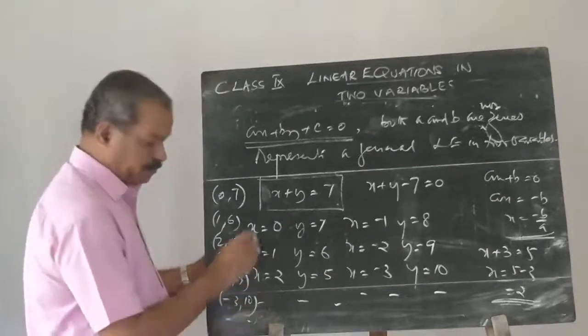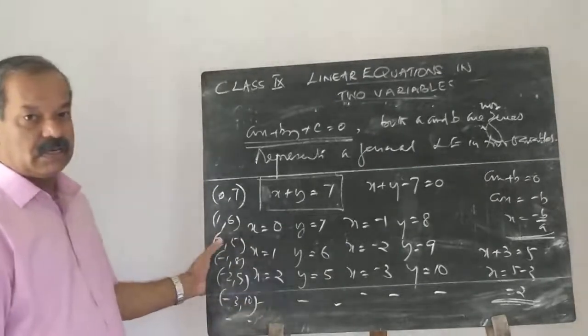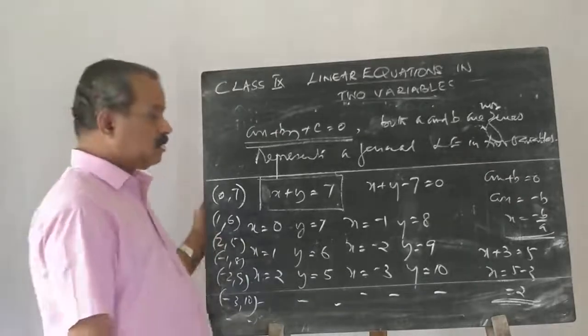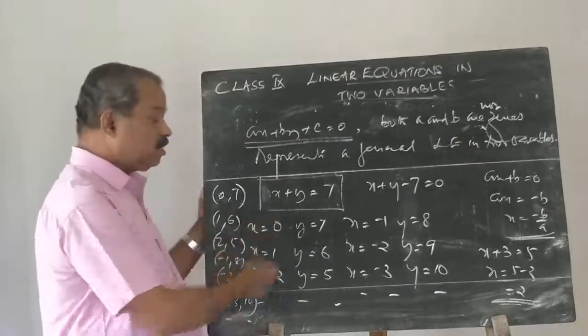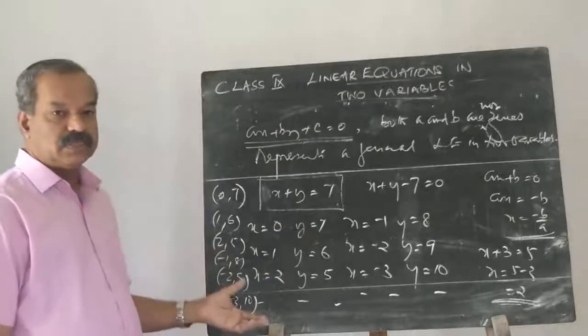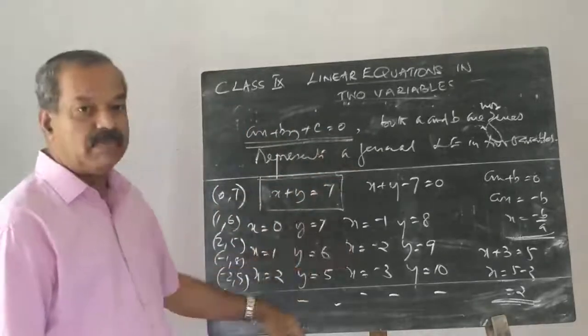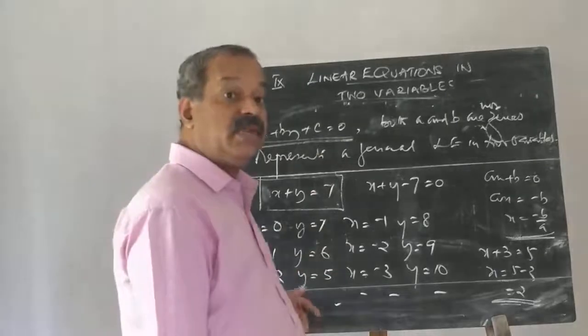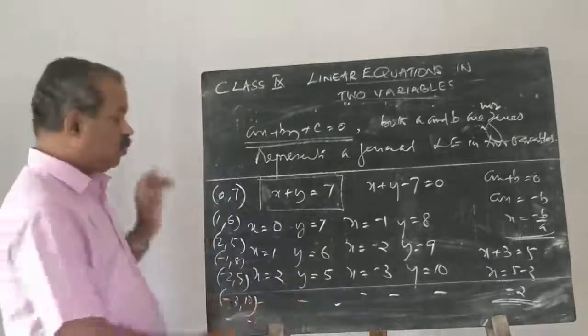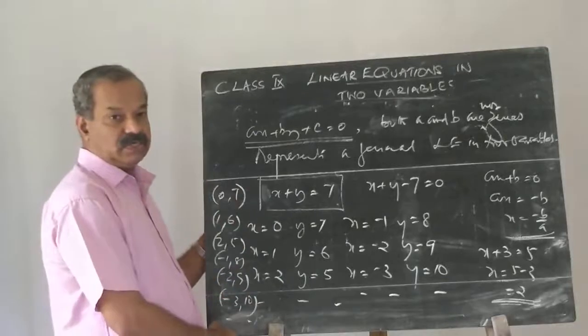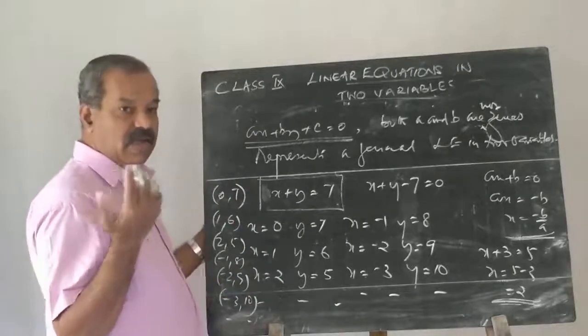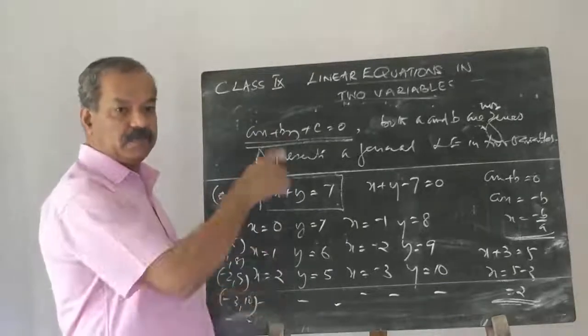In this way, how many solutions can you write? Many solutions. That means a linear equation in two variables has infinitely many solutions. If we take a value for x, we get a corresponding value of y.